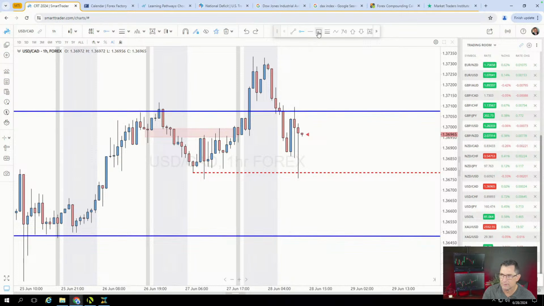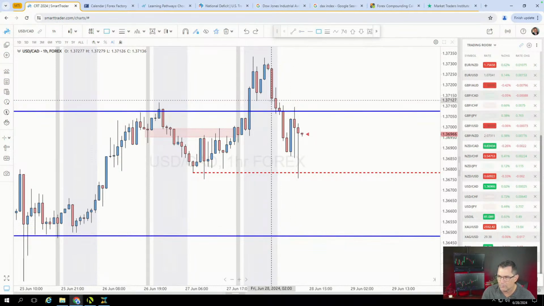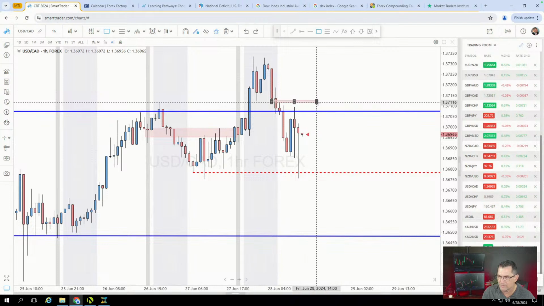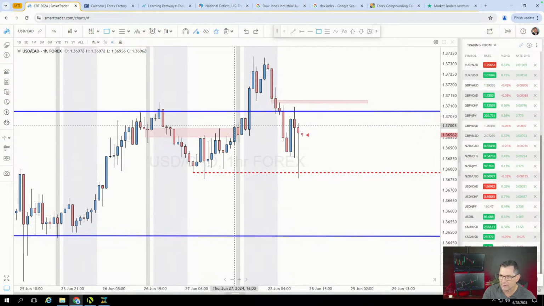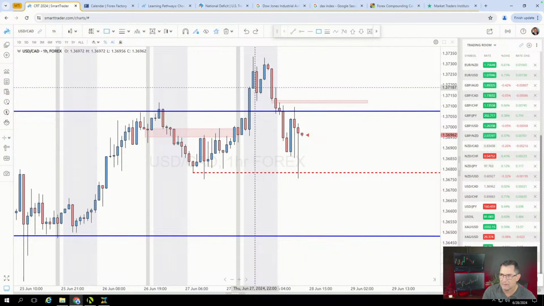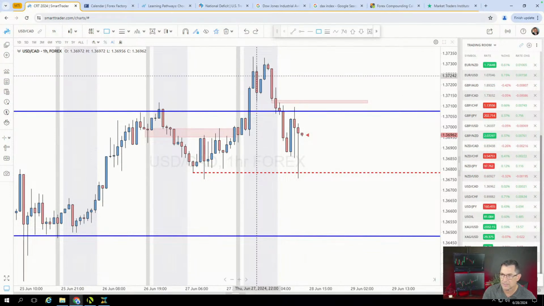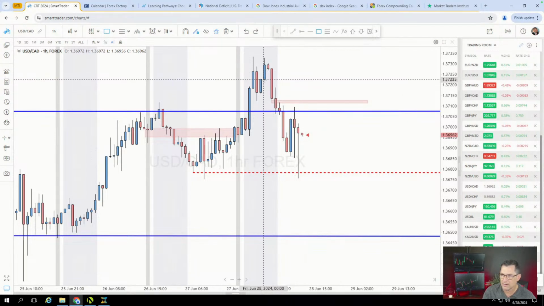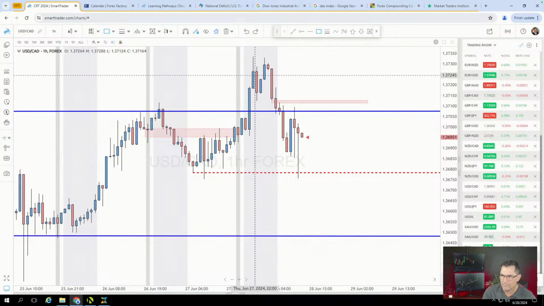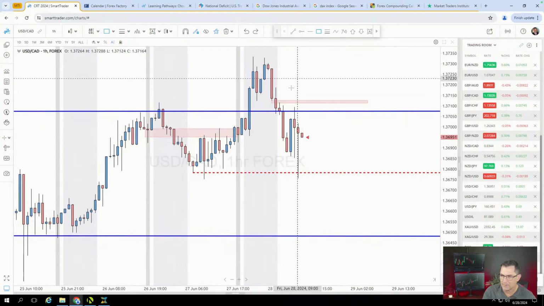If I look over here, we can see that we have a very, very small fair value gap sitting over here. We have an order block sitting over here. There's an order block sitting over here. We have a breaker block sitting up a little higher up here.